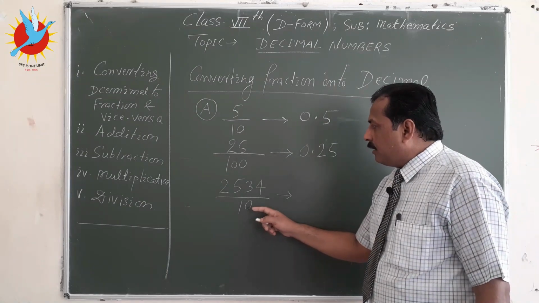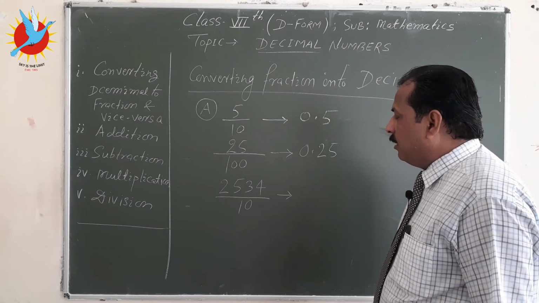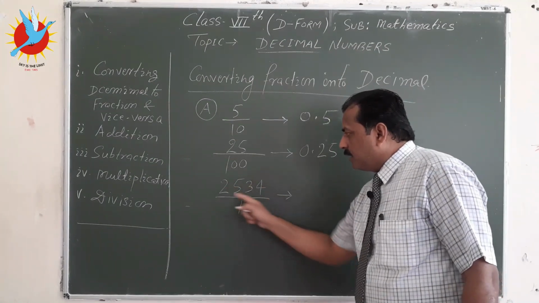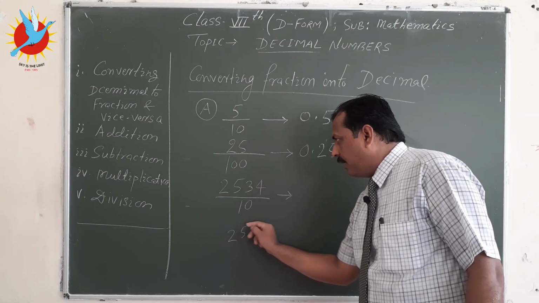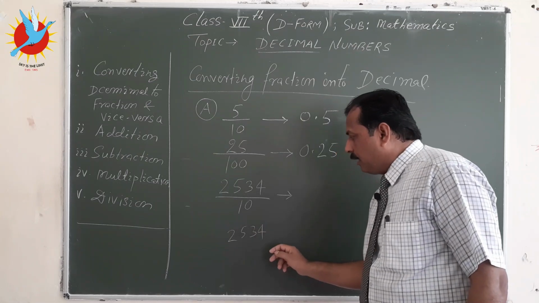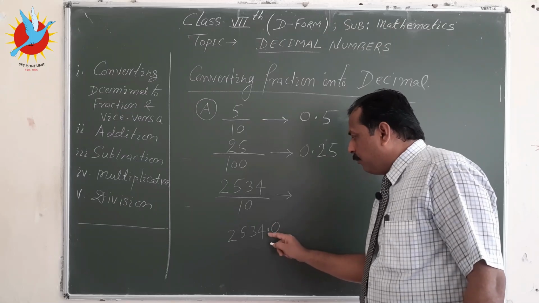There is one 0. Before this, let me make it clear that if a whole number is there, I am writing it here again, 2534. This is a whole number and its fractional part is 0, so it can be written as 2534.0.